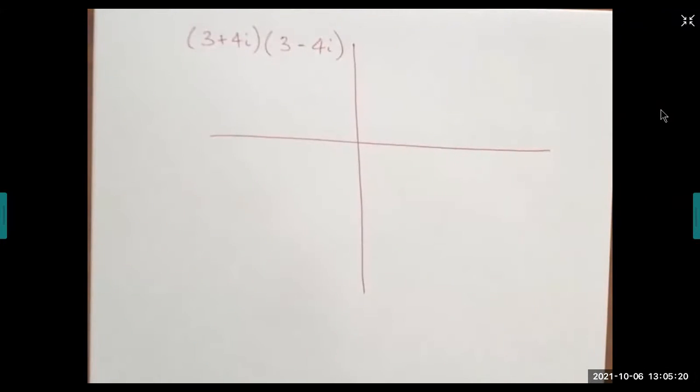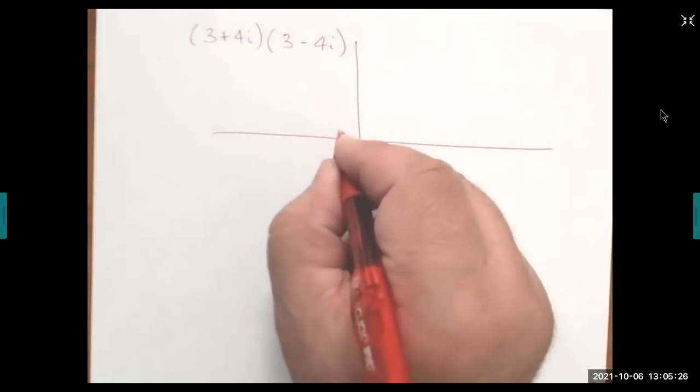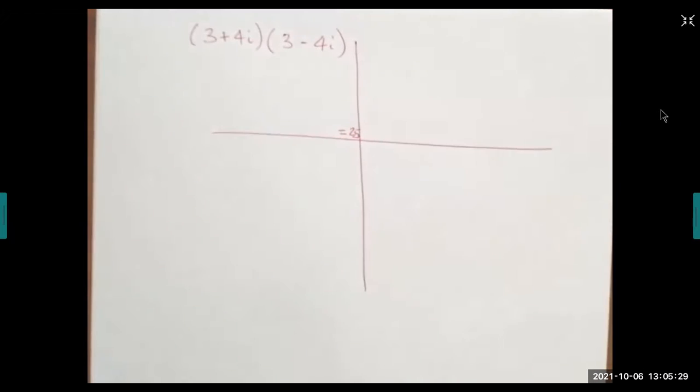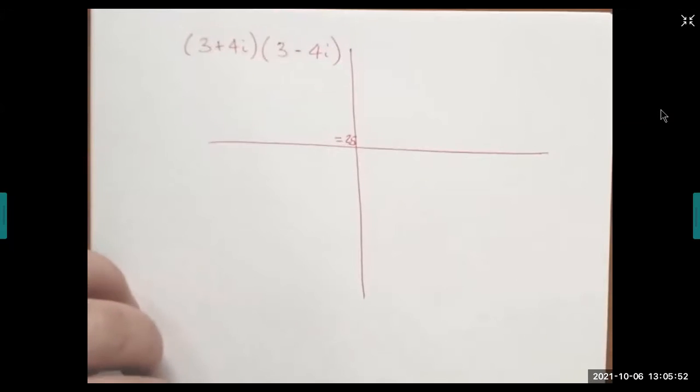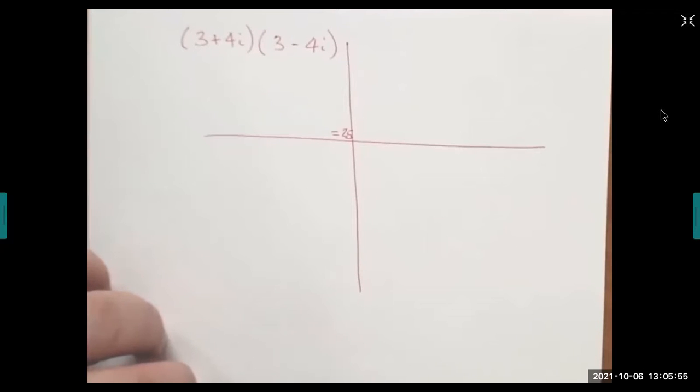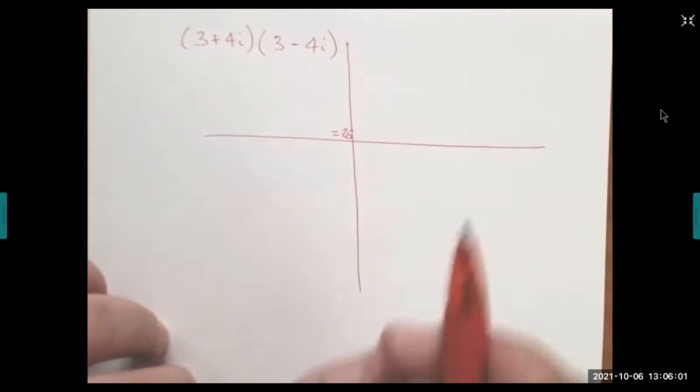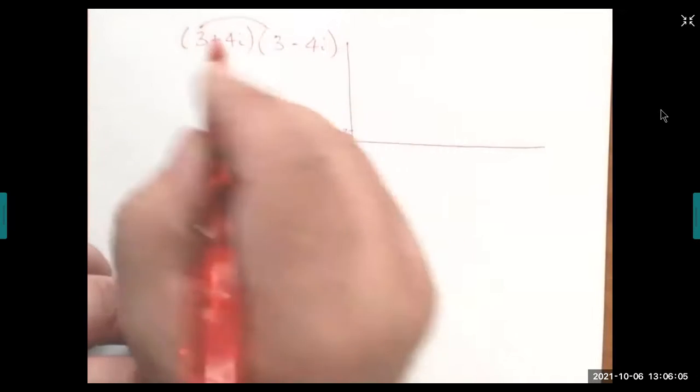Multiply those two together. So 3 times 3 is 9.